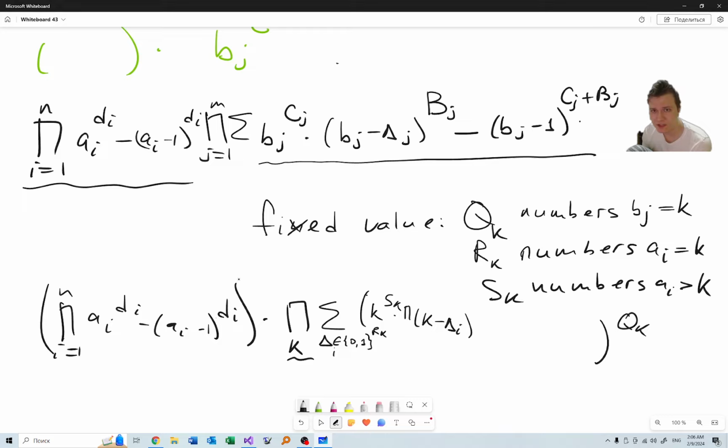And we don't need bj because these deltas are actually different. And minus k minus 1 to the power rk plus sk.